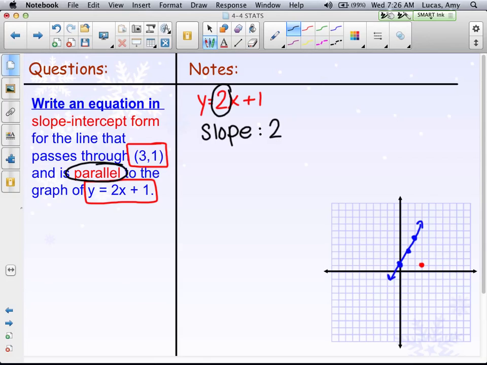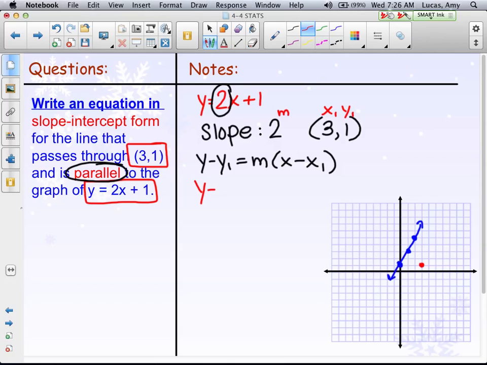Now I'm going to use that new slope and the point that is given, which is 3,1, to write my equation. I like to write my equation in point-slope form when I know the point and the slope. So here's point-slope form. I'm going to plug in my values. Slope is m, and my point is x1, y1.